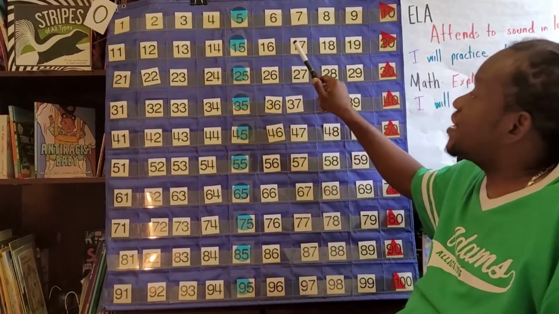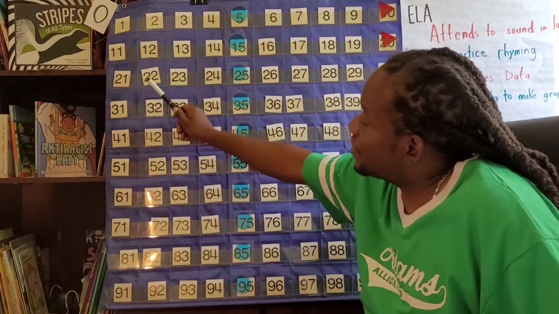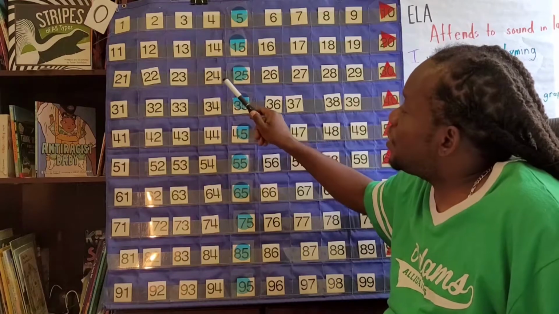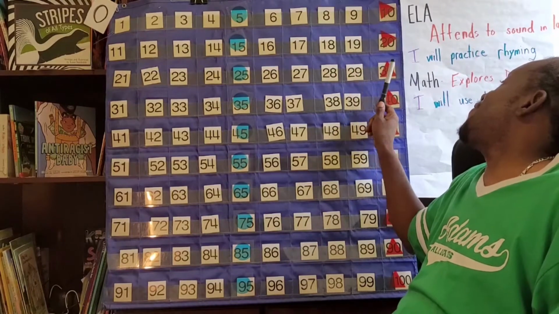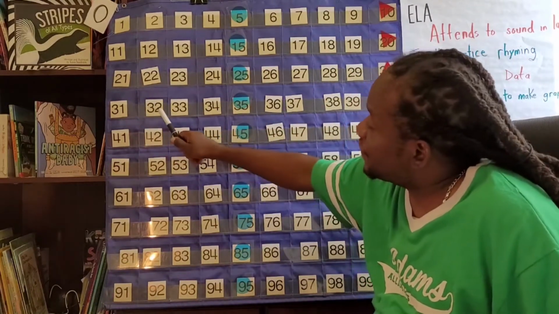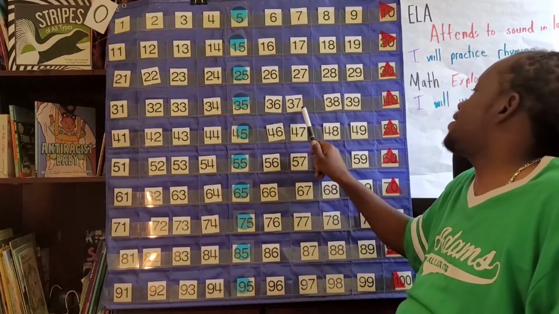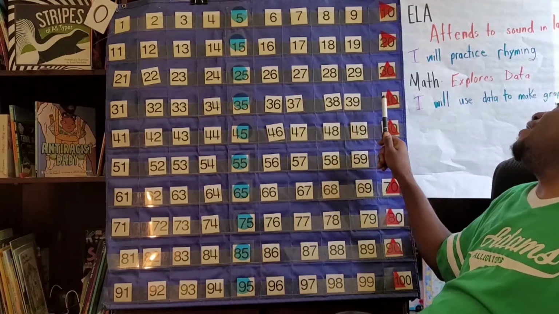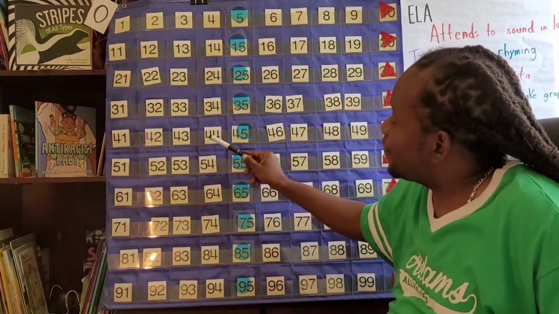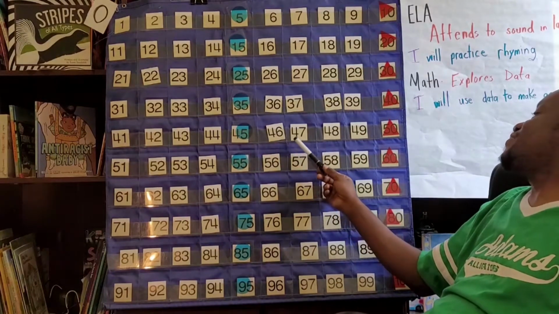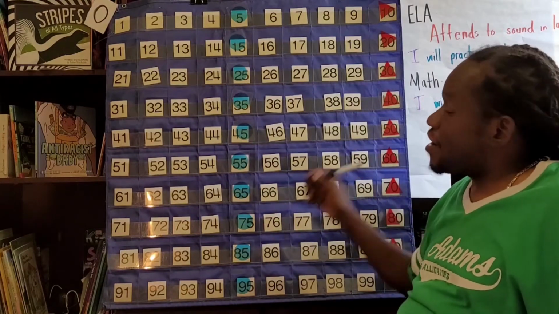I'm sorry. 16, 17, 18, 19, 20, up through 30, 40, 45, 46, 47, 48, 49, 50. We made it all the way to 50.